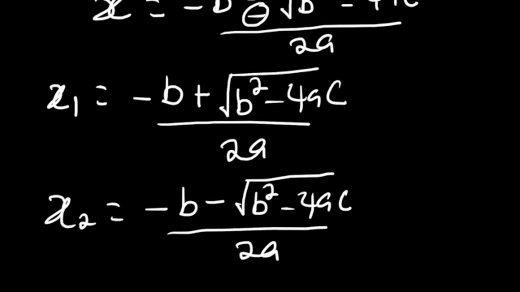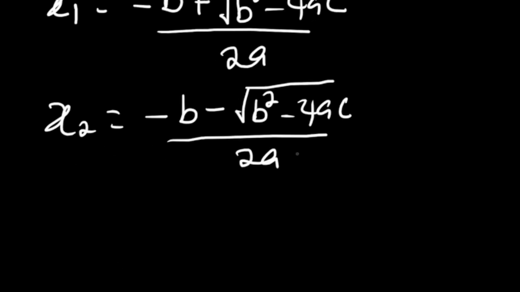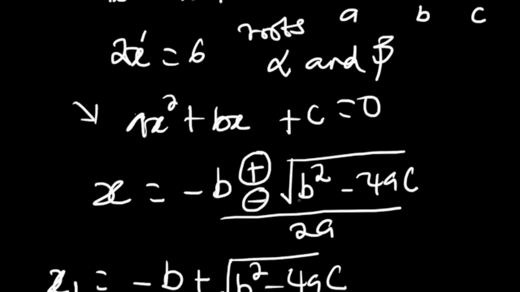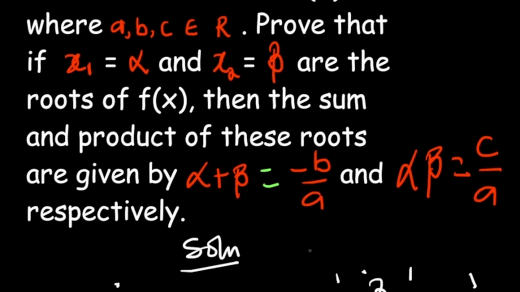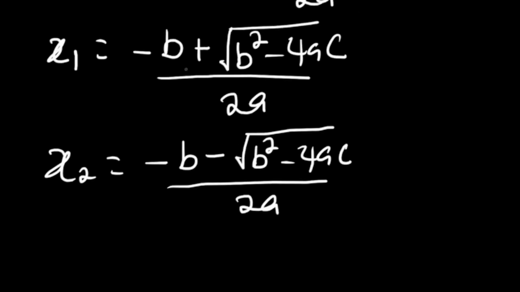Okay, we've separated them. One is a positive and the other is a negative. So this x1 can also be called alpha, while x2 we can also call beta. Remember from the question, it says if x1 equals alpha and x2 equals beta. So that means that we can call our x1 alpha and our x2 beta.